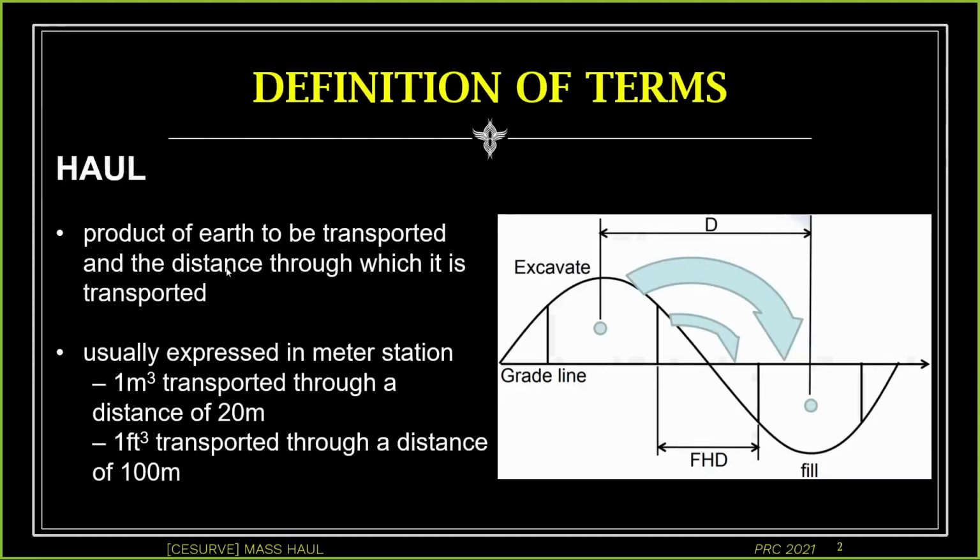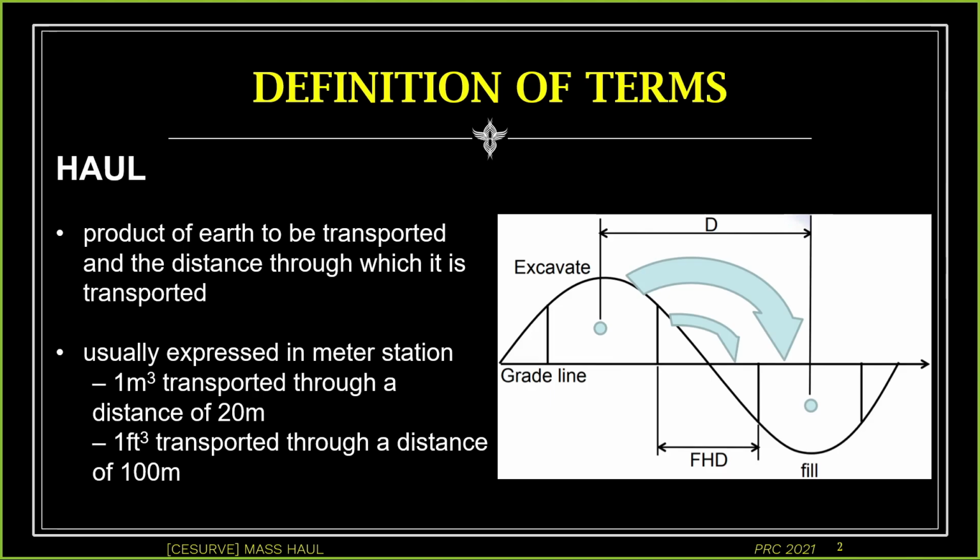So let's have first a definition of terms. Most likely na-discuss na to, but we need to refresh our terminologies. First is haul. It is basically the product of earth to be transported and the distance through which it is transported.